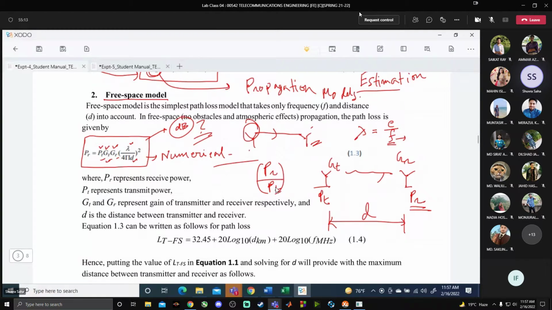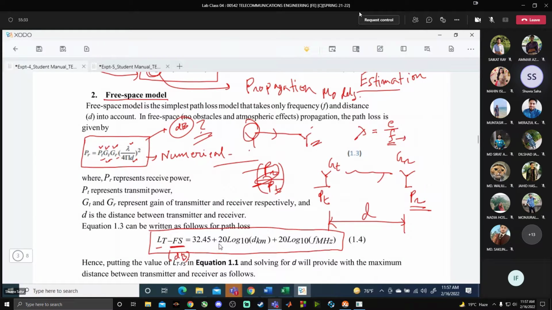Or DB তে হবে PT minus PR. So if you use this equation and convert it to dB unit, finally you will get this equation for path loss, LT. LTFS means path loss for free space model, and this is in dB unit.